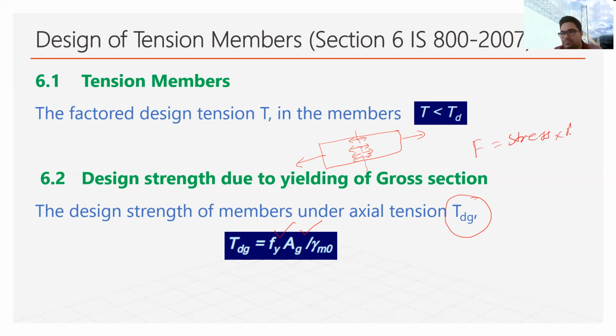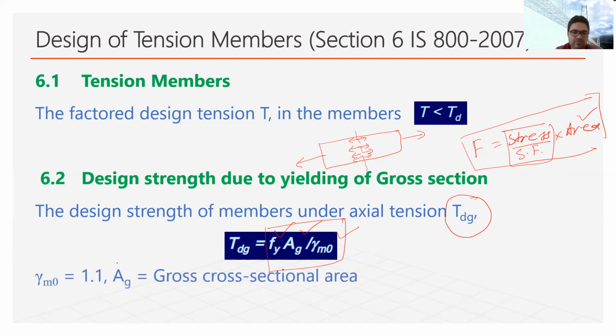We already know this formula, and based on it, this formula arises. What we have done is applied a safety factor to the stress, so it becomes the design stress multiplied by the area of cross section of the plate. Gamma m0 is the partial safety factor, and when we are using Fy, we use gamma m0 as 1.1.